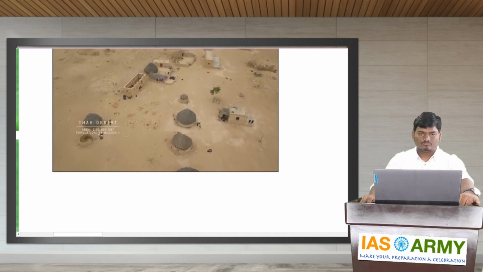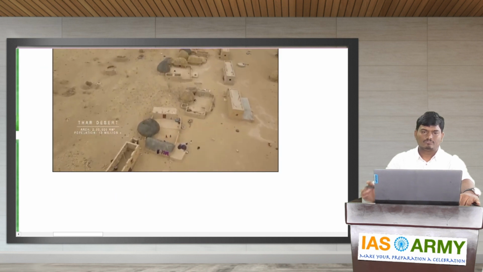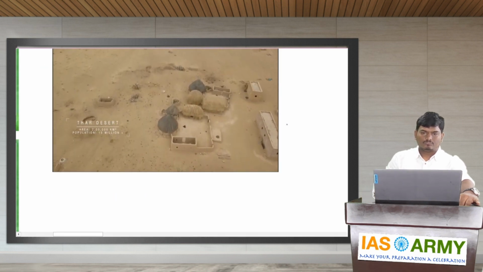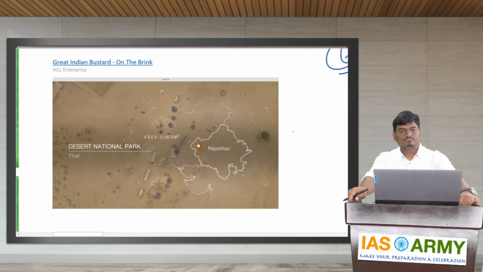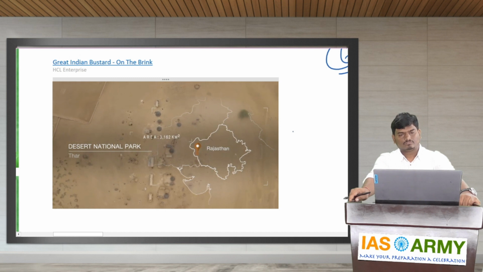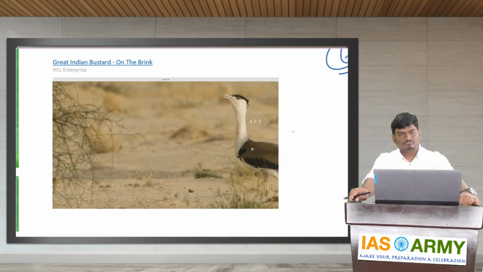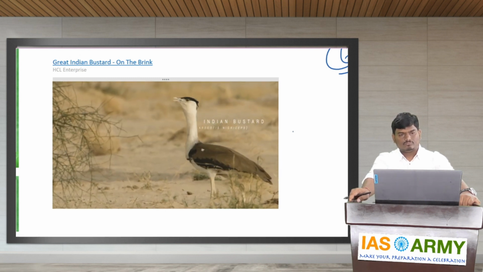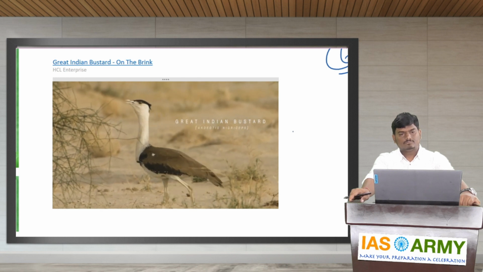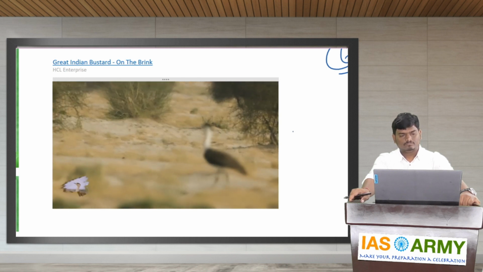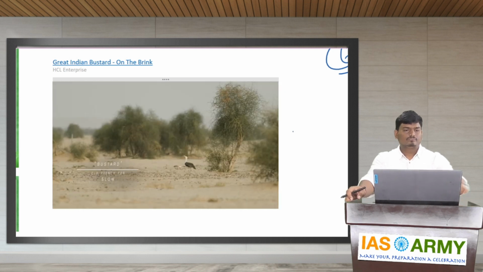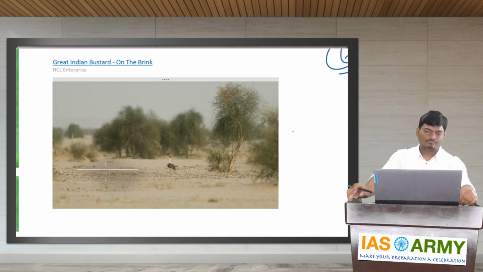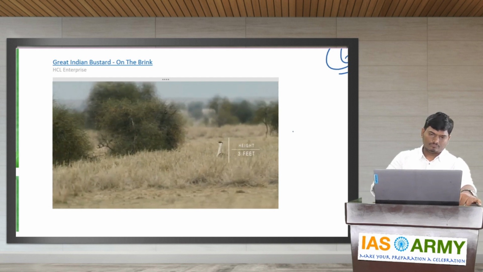The Thar is the world's most populated desert, home to both people and wildlife. The Desert National Park is sculpted from the Thar, a biosphere reserve where the iconic Great Indian Bustard lives. Locally known as the Godawan, the term bustard translates to slow bird, which indeed it is because of its huge bill.